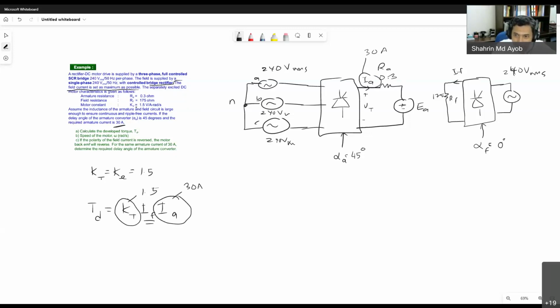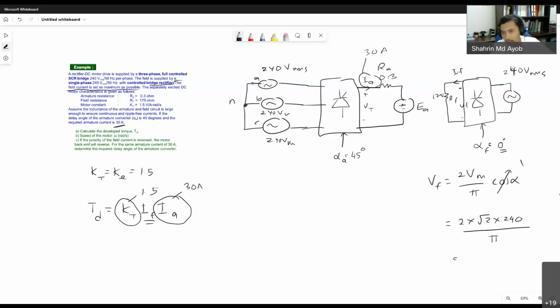So we refer to this circuit, the phase circuit. So this is a single phase. So meaning that your voltage VF, the output voltage of your rectifier, is 2Vm over pi cos alpha. And since alpha is 0, this is 1, right? So 2 multiplied with square root 2, because we want to convert RMS to Vmax, 240 over pi.